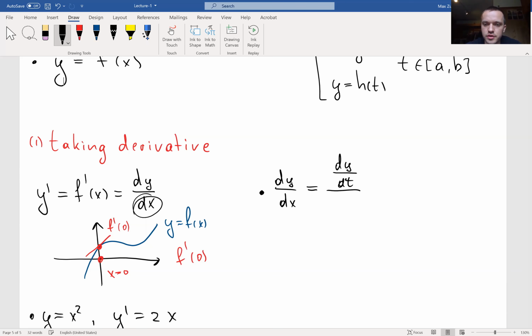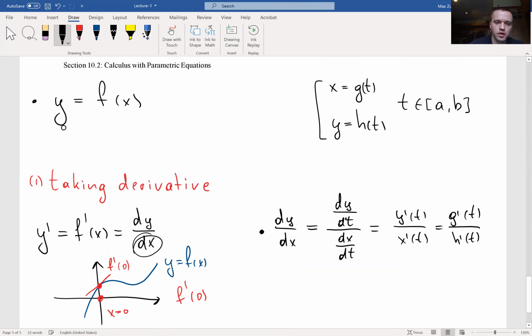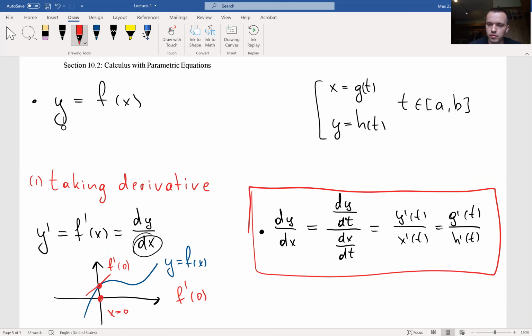So we'll have dy over dt, and then dx over dt. In other words, y prime of t divided by x prime of t, or h prime of t divided by g prime of t. So if you want to find the derivative of your parametric equation, again, all red boxes are going to be the formulas that you need to know. You need to use this formula over here.